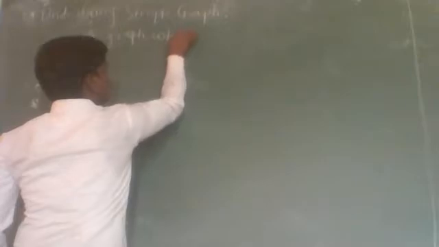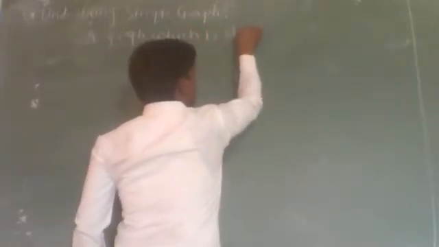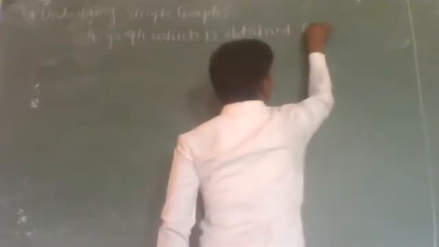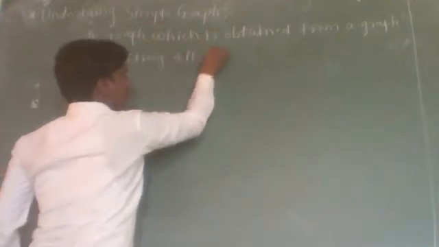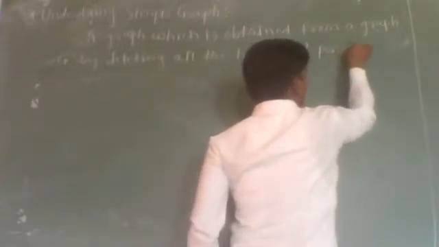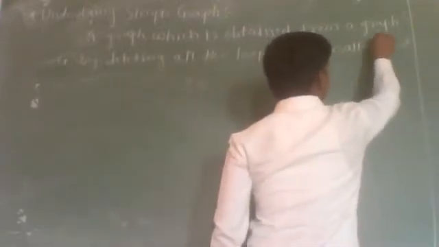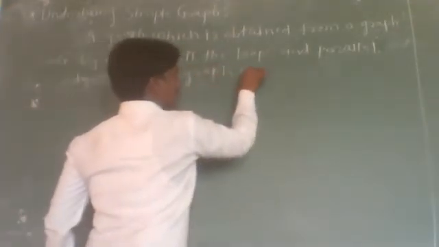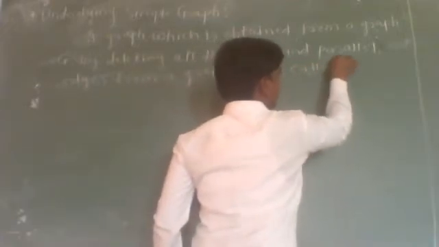A graph obtained from a graph G by deleting all the loops and parallel edges from graph G is called the underlying simple graph.